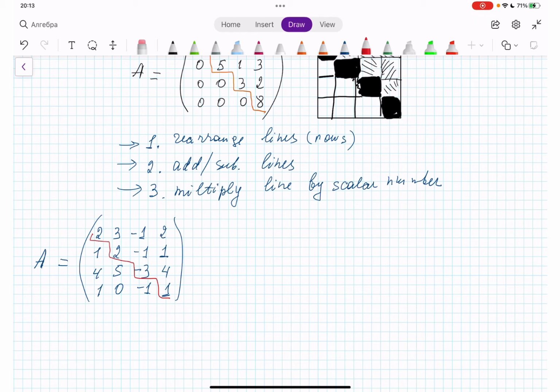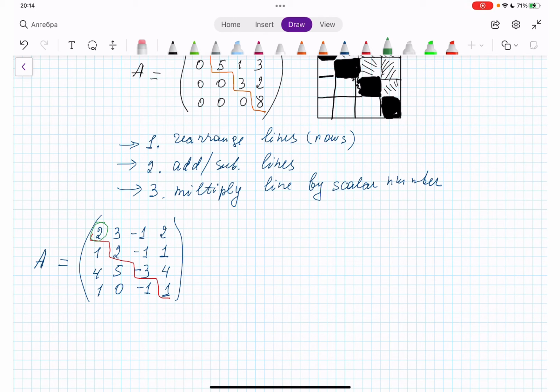Below there have to be these empty zeros. We have to get zeros, and the upper corner we leave alone. Now, always make sure you have this first leading coefficient as a 1. Why do we need that? Because later, when we add or subtract, we will avoid getting fractions.